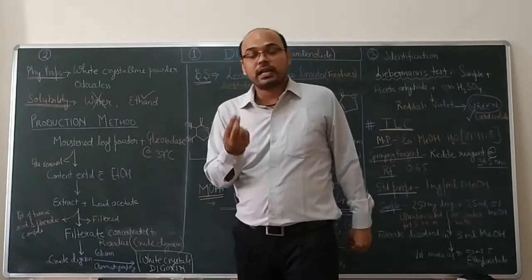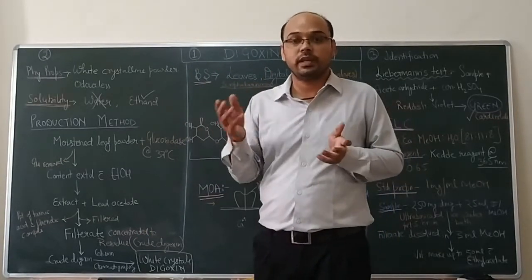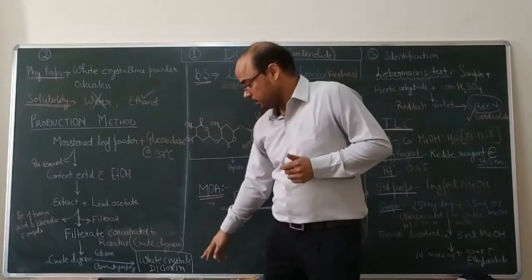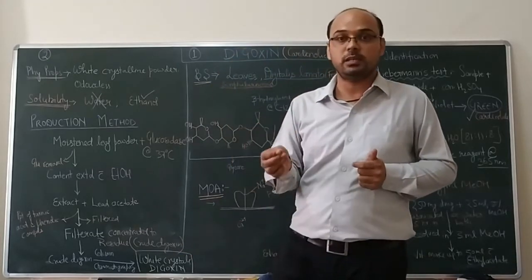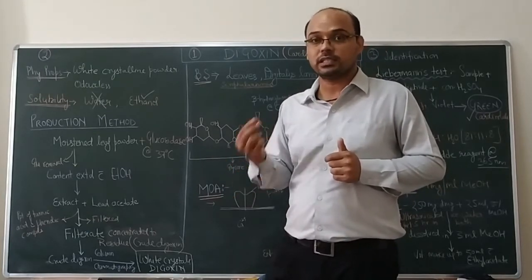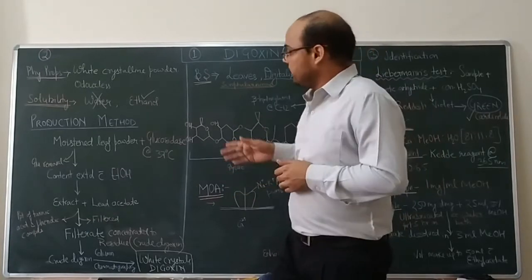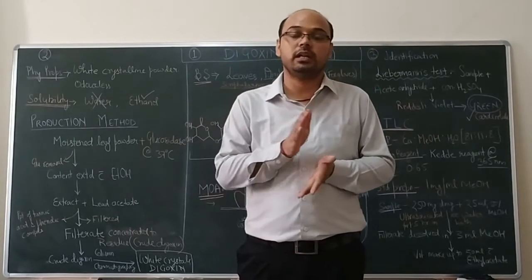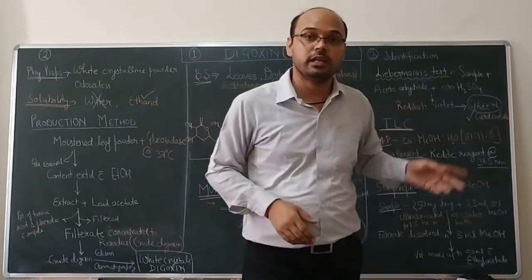The final product that we obtain after purification and recrystallization is a white crystalline digoxin powder. This is about the production method we have employed for isolation and extraction of the phytoconstituent digoxin.